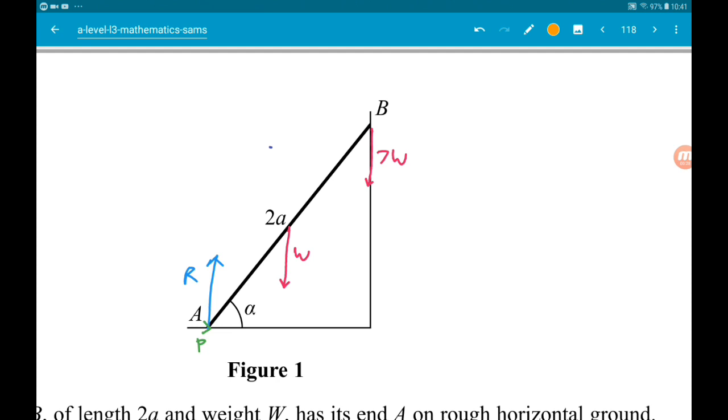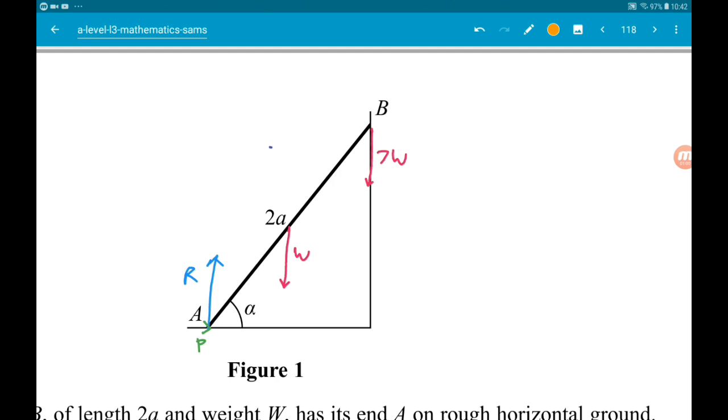As I said before, we don't know which way friction is working. It might be working against the force that the assistant applies, or it might be working with that force and against the ladder slipping. So what we need to do first of all is find friction.